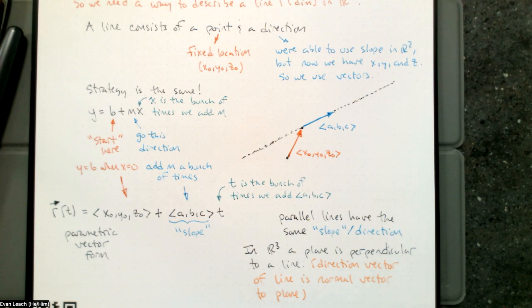So once again, a line is just a point and a direction, a location and a direction. Those are the only two things we ever need to draw a line.